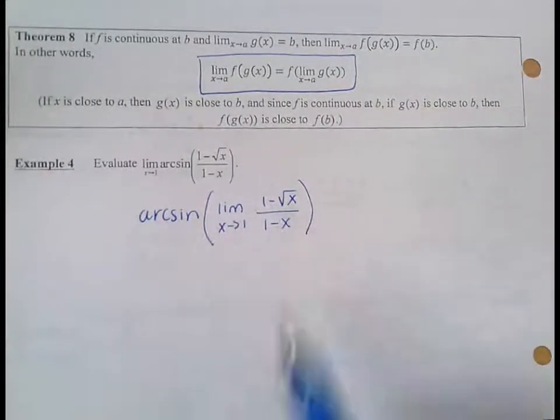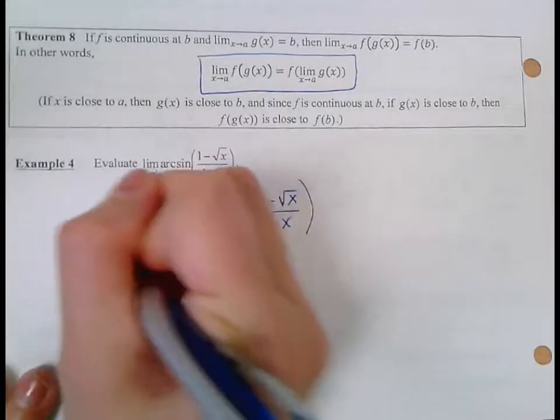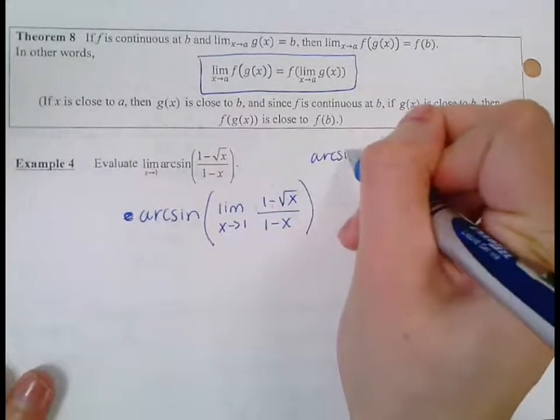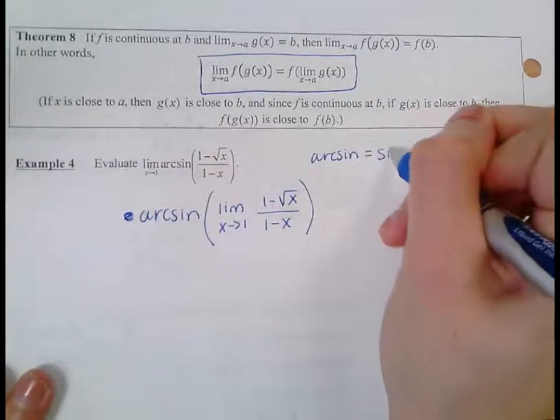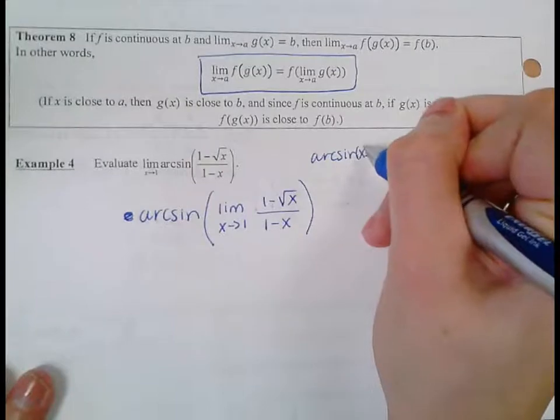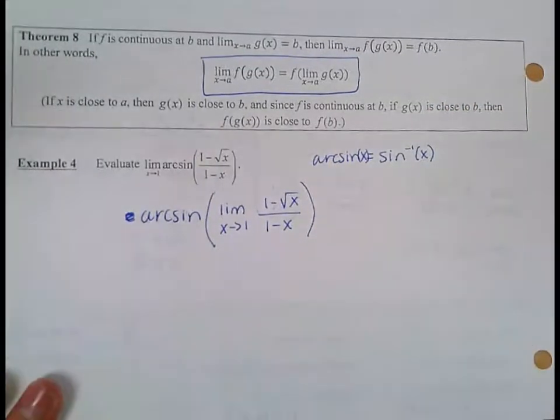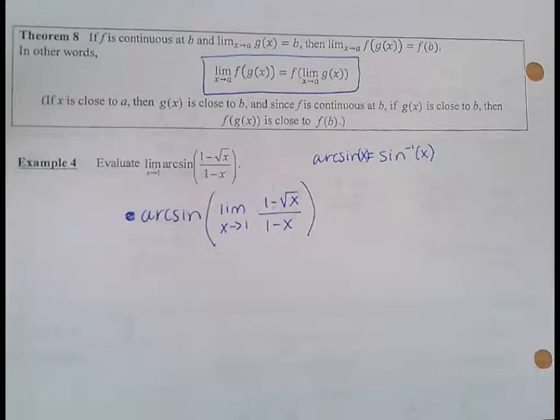Whatever value I get from that limit, I evaluate arc sine, which is inverse sine, at that value. If you were wondering what arc sine is, arc sine of x is inverse sine of x. You will see both notations, or could possibly see both notations on AP, so you'll just need to know both.